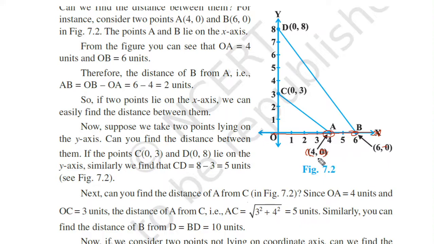The coordinate of A is (4, 0), and the coordinate of B is (6, 0). If you are asked to find the length of OA, you can clearly see it, you can count it: 1, 2, 3, 4. So the length of OA is 4. Otherwise, you can be a little smart: the x coordinate is 4, so you can directly write that OA is 4 without counting. Similarly, you can find the length of OB. Now look at the figure, OB.